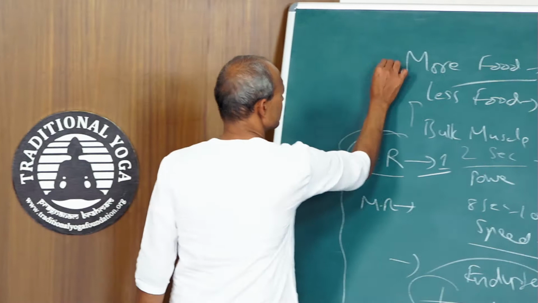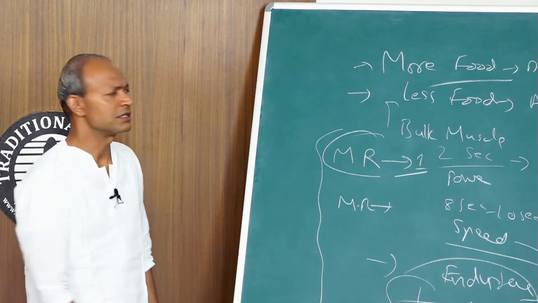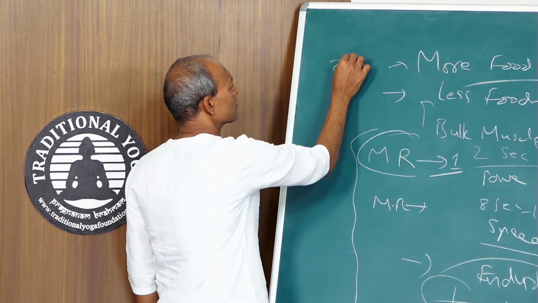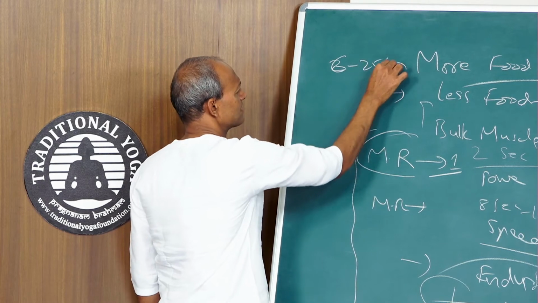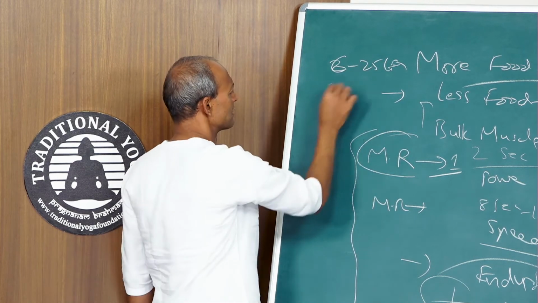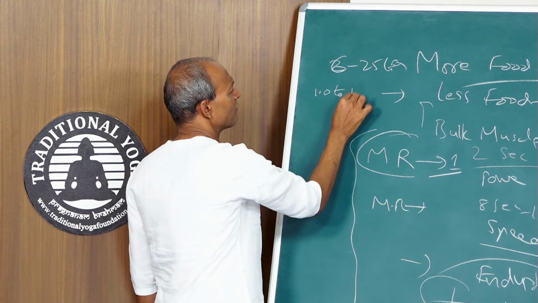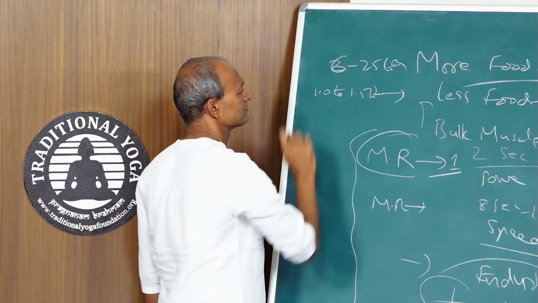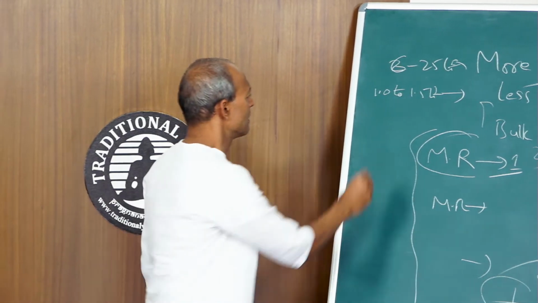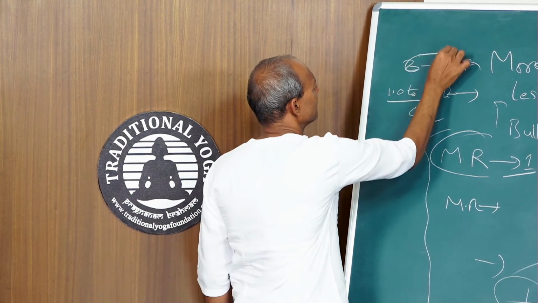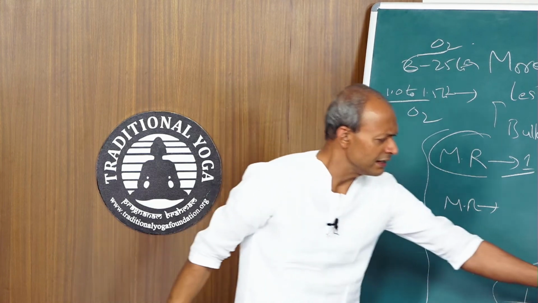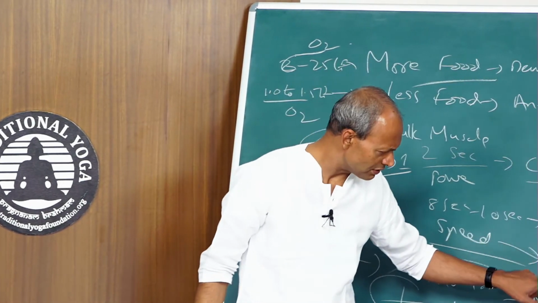In terms of oxygen, this amounts to almost 6 liters to 25 liters for a sick person. This amounts to, if you are meditating, 1 to 1.5 liters of oxygen. Oxygen consumption is a criterion here. And his oxygen consumption is not less. His oxygen consumption is very high.